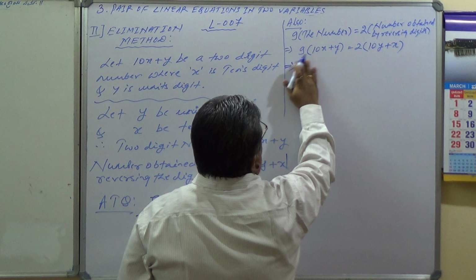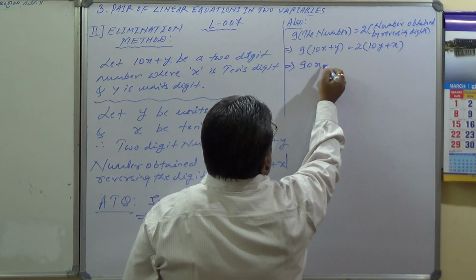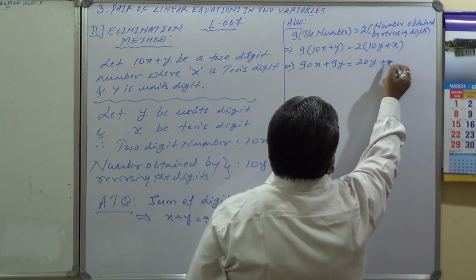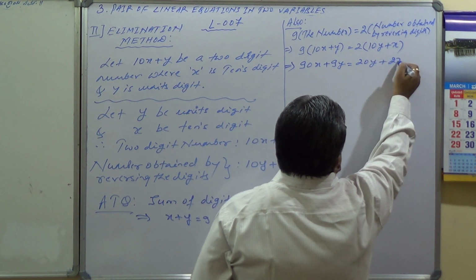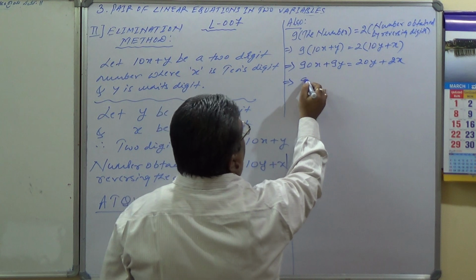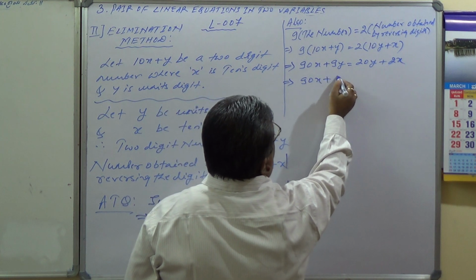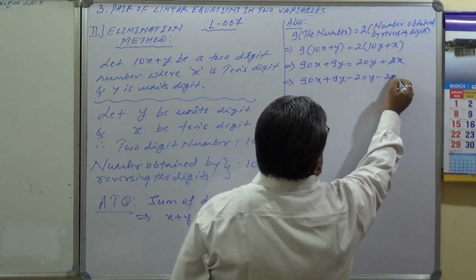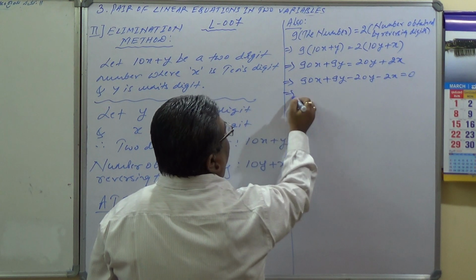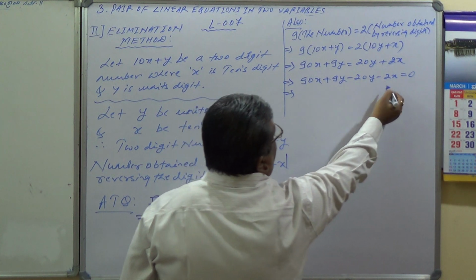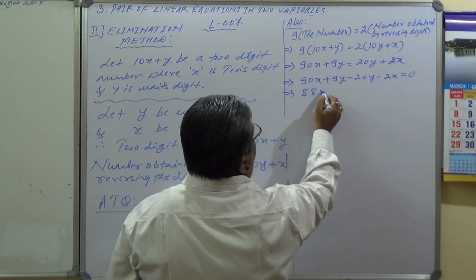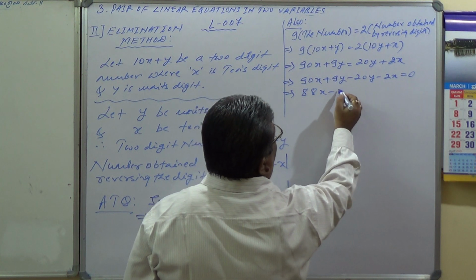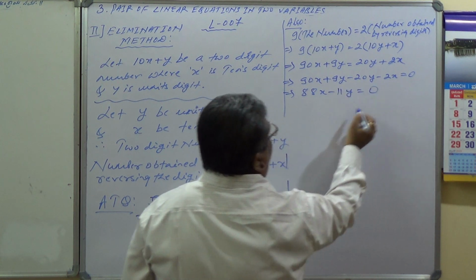9 into 10x plus y gives 90x plus 9y equals 20y plus 2x. This implies 90x plus 9y minus 20y minus 2x equals 0, which implies 88x minus 11y equals 0.